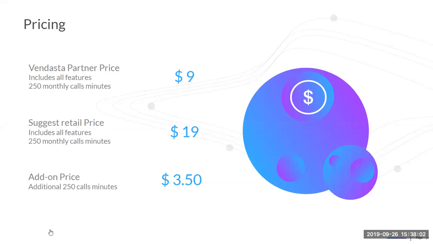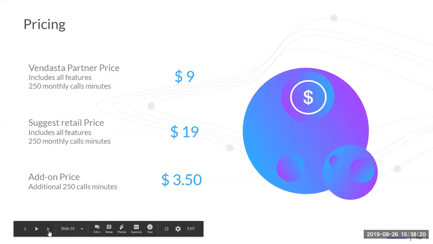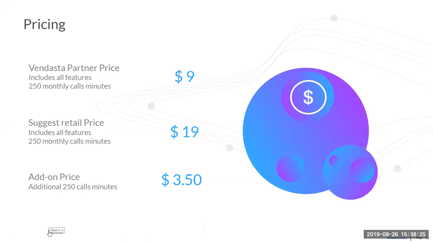Okay, and the last thing is the add-on price. If the business uses the 250 monthly call minutes in their basic package, you can buy another unit of an additional 250 call minutes. When a business reaches the point where it has finished all its minutes, we send an email that it can buy this add-on.